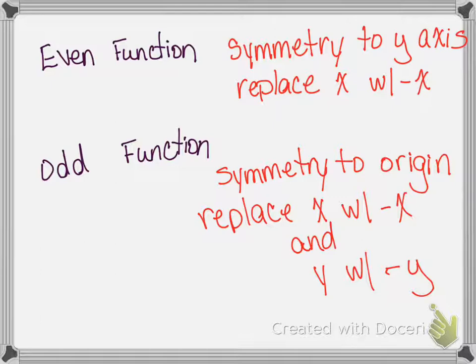When we talk about even and odd functions, we are only talking about symmetry to the y-axis and symmetry to the origin. Nothing that is symmetrical to the x-axis is a function. So we only have even and odd functions.